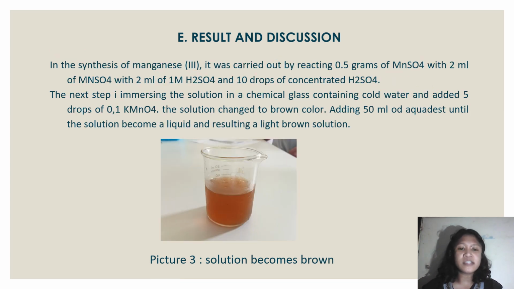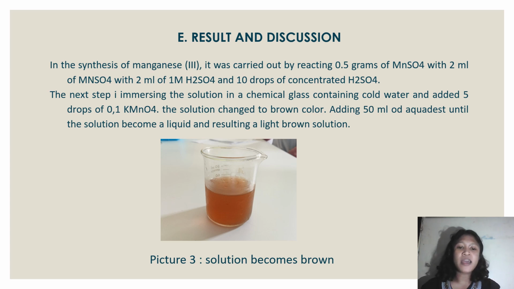The synthesis of mangan 3 was carried out by reacting 0.5 grams of mangan sulfate with 2 ml of sulfuric acid and 10 drops of concentrated sulfuric acid.